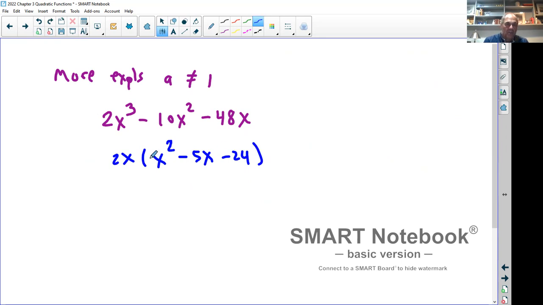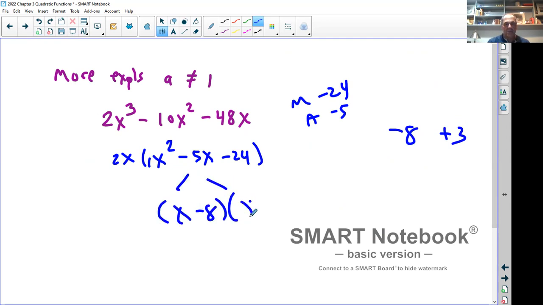Nice trinomial, lead coefficient is 1. We can do that. Multiplies to -24, adds to -5. You go through, -8 and +3. So this is (x - 8)(x + 3), and yes, the 2x has to be part of your answer.